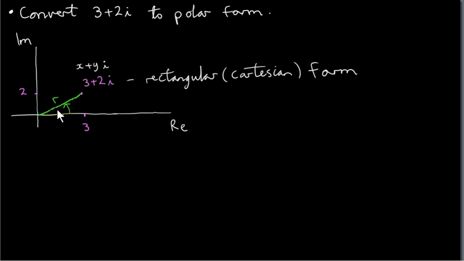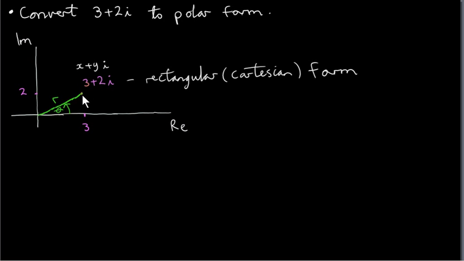That angle is usually denoted by the letter theta. For this particular complex number, theta is an angle between 0 and 90 degrees. So if we know both r and theta, we have fully specified our complex number.